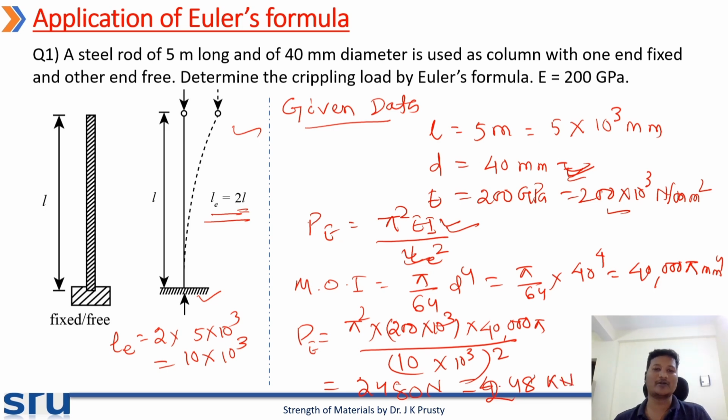I hope you understood this problem. So you know what you need to do. We already know Euler's formula to find out the crippling load. You need to find out the moment of inertia and the equivalent length, and just put these values in this equation, and we get the crippling load.